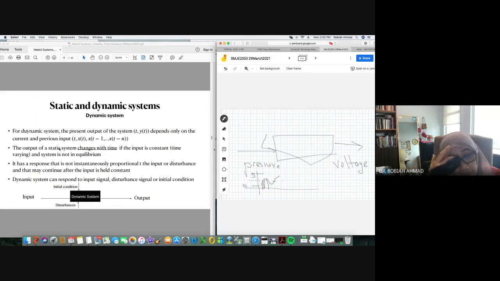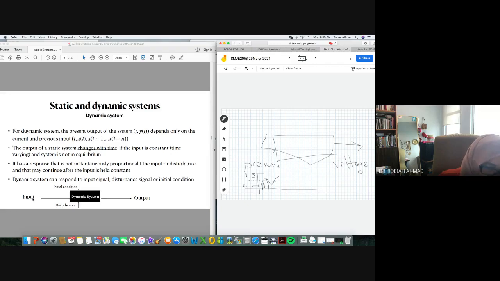It has a response that is not instantaneously proportional to the input or disturbance, and that may continue after the input is held constant. In this case, if you look at the diagram here, the output has many influencing factors.